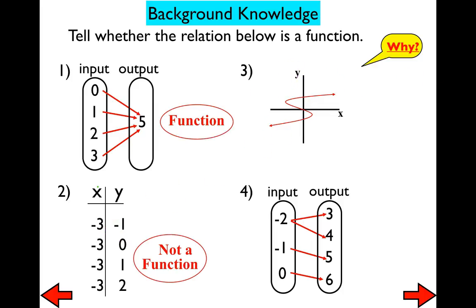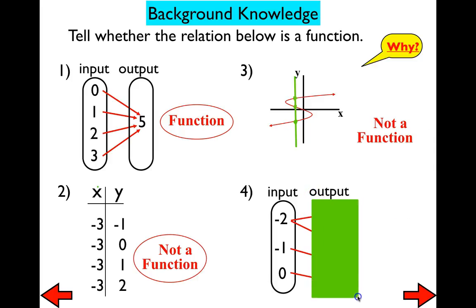Here for number 3, is it a function? Well, if you ask yourself, if you were to draw a vertical line, will it touch more than once? And you probably say, no, it doesn't. I mean, yes, it does. It touches in 3 different locations. So this is not a function. And number 4, again, if you want to, you can simply cover one side and ask yourselves, does each input have exactly one output?